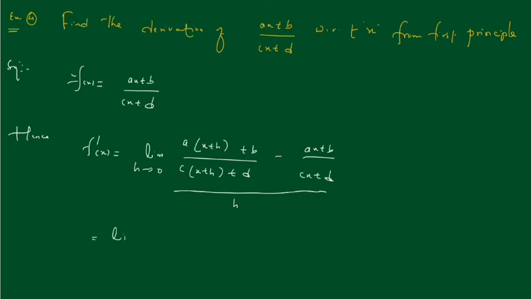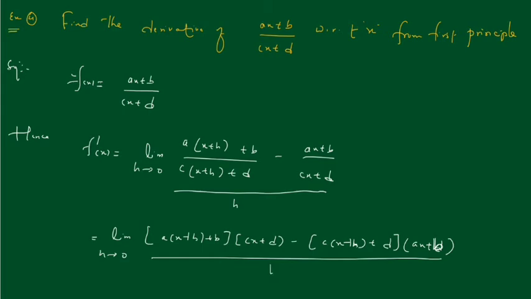So now limit h tends to 0, (a into (x plus h) plus b) into (cx plus d) minus (c into (x plus h) plus d) into (ax plus b), whole divided by h, right?